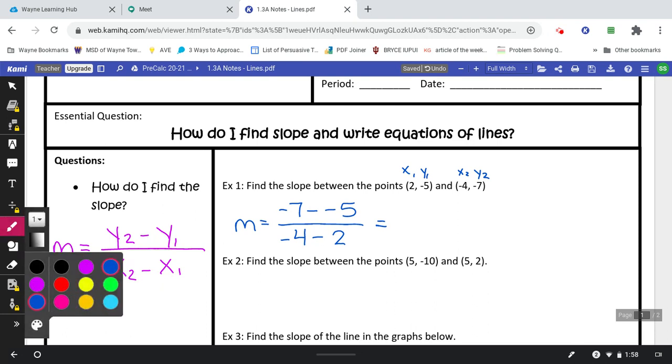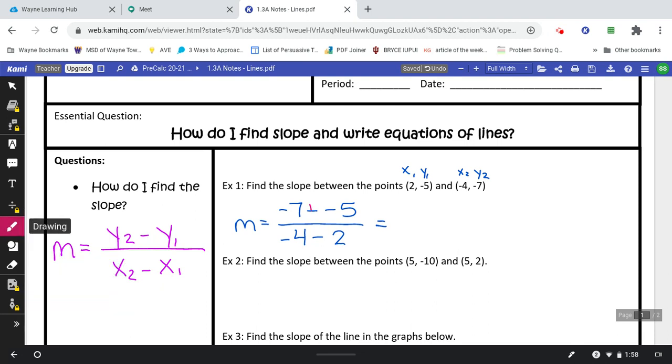You can take that and turn it into a positive, and then just add or subtract. So -7 plus 5 is -2. -4 minus 2 is -6, and the negatives can actually cancel out there. Then I reduce the fraction to make 1/3.